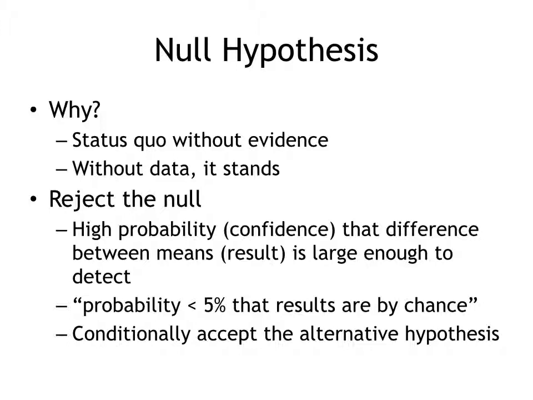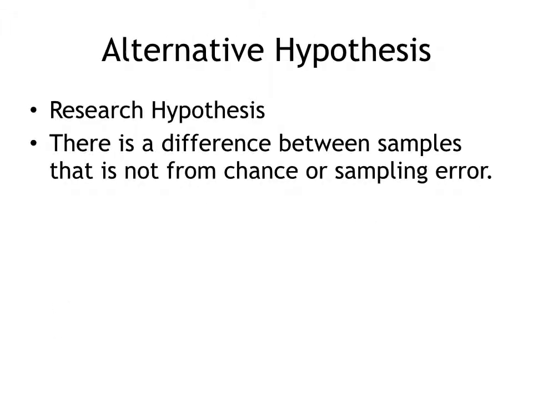And that lets us conditionally accept the alternative hypothesis. We don't ever prove that an alternative hypothesis is true. So an alternative hypothesis is your research hypothesis. And it's basically that there's a difference between the samples that's not just from chance or from sampling error. So you have a null hypothesis, status quo, no evidence, and you have your alternative hypothesis.